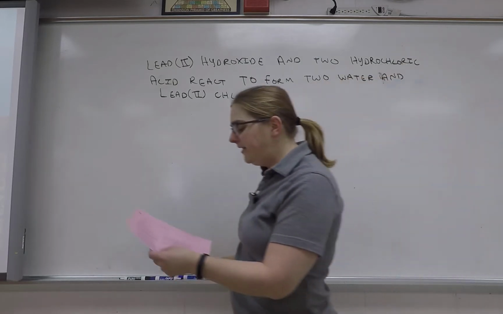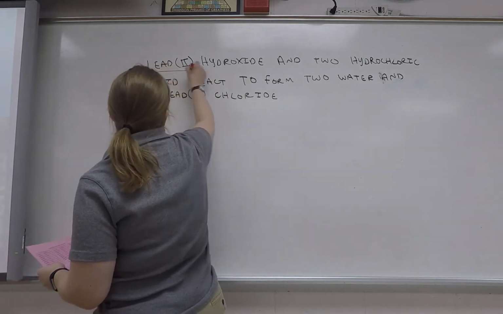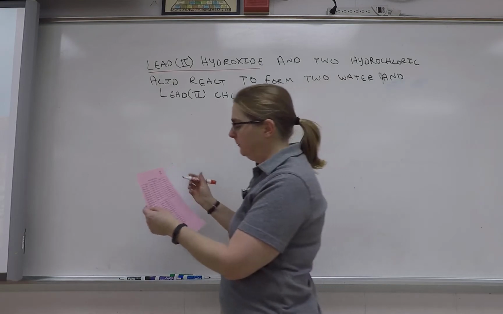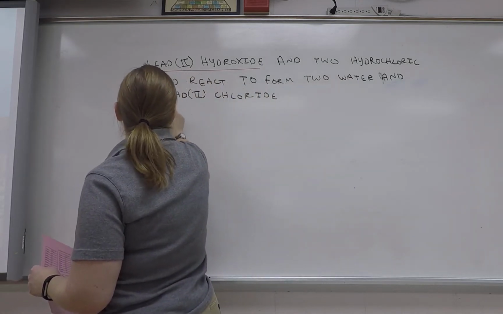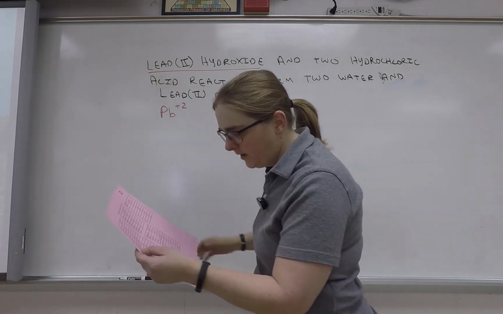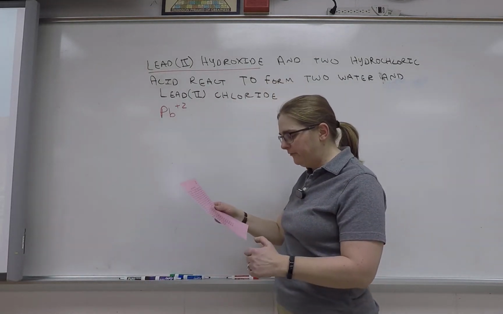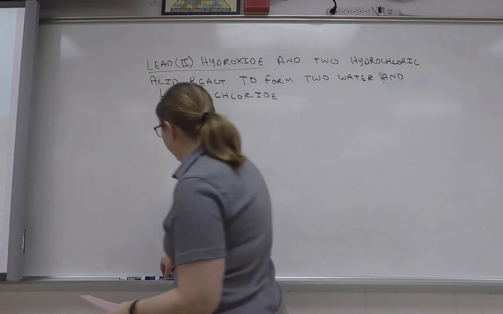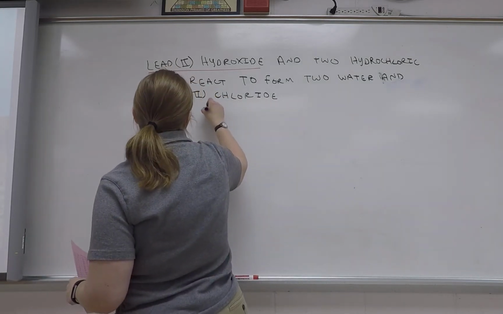So for this lead 2 hydroxide, if I look on my pink sheet, I'm going to find lead 2. It's listed as Pb plus 2. Now, I'm also going to look for hydroxide, which is over here. And that's going to be OH minus 1.